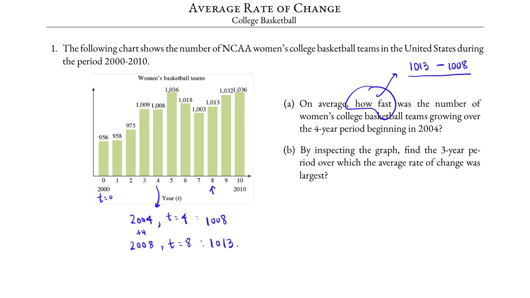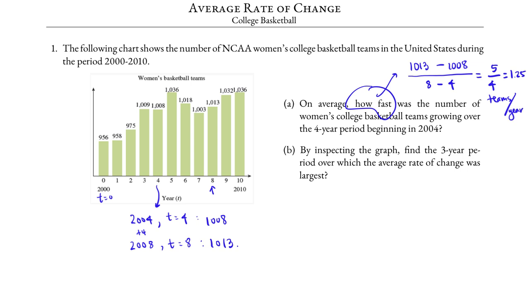This is the difference in the output over the difference in the input, which is the number of years, 8 minus 4. In the numerator, 5, and in the denominator, 4. 5 over 4, or 1.25. The unit in the numerator is the number of teams, and the unit in the denominator is year.